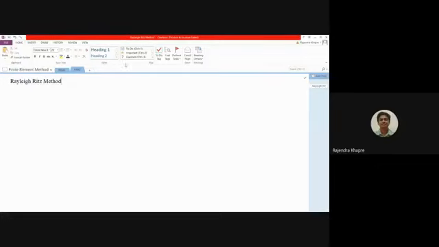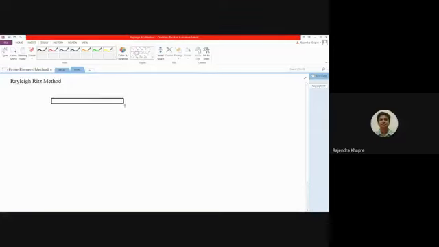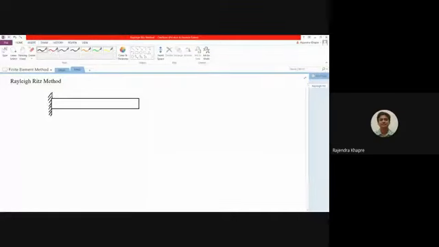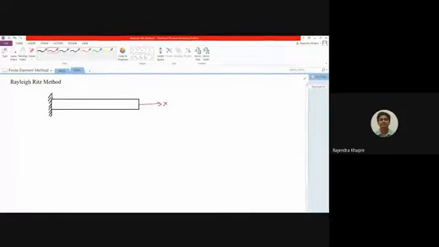Let us consider a simple bar like this, going like this, with a fixed support over here. It's a bar, not a beam. We assume this is the x-axis, and this point will be the origin, with 0 coordinate.